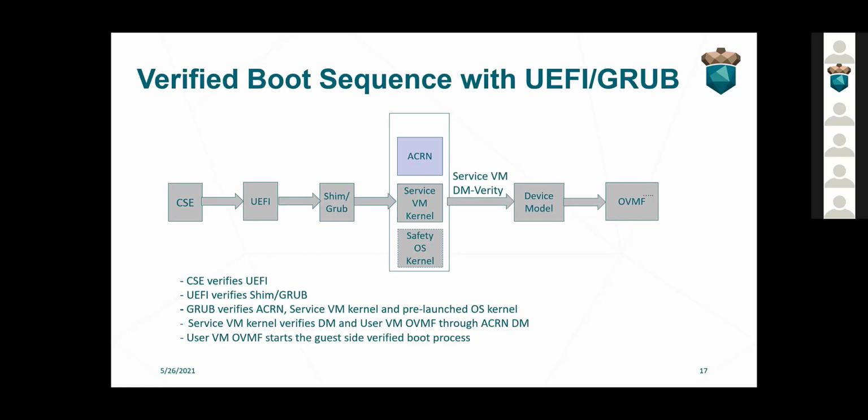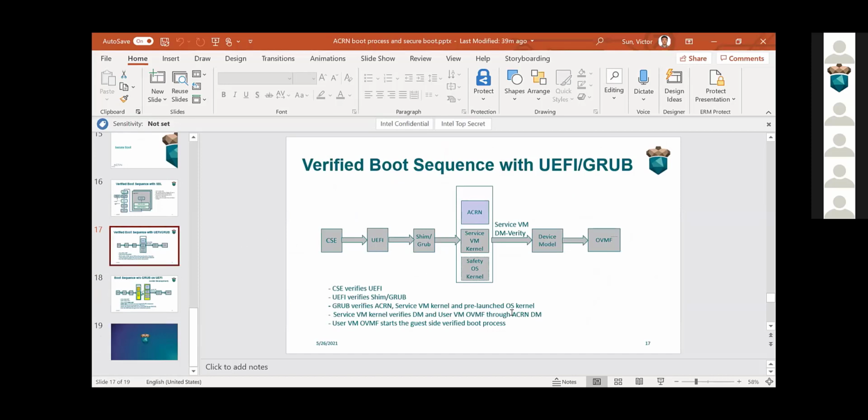Then, same as the process in SPL, the service VM kernel verifies the device model and OVMF through DM Verity. Sorry, here's a mistake here. It's not ACRN DM. It should be VM DM Verity. So in the user VM, OVMF will start the guest side verified process. Let me do a change here.